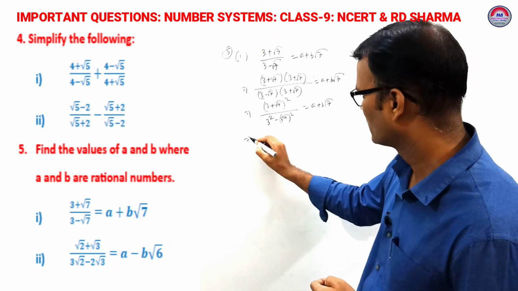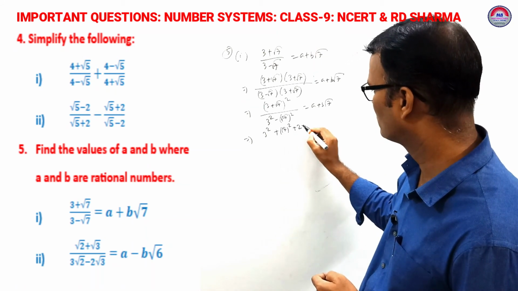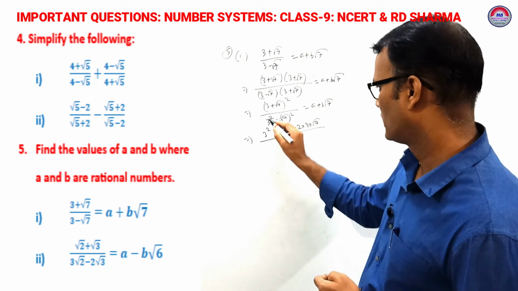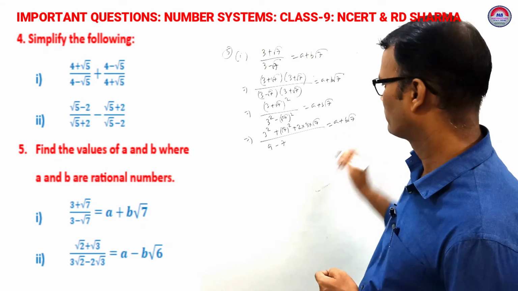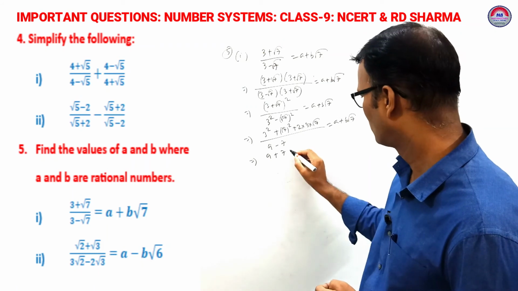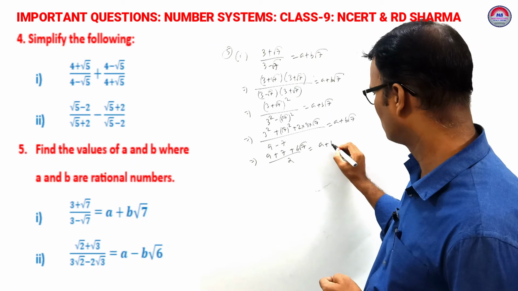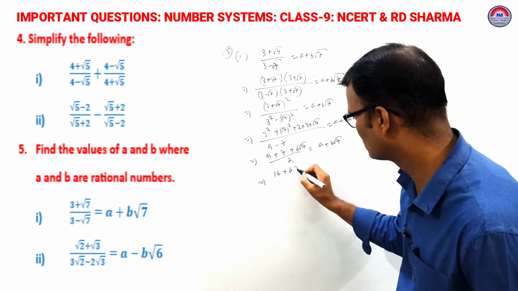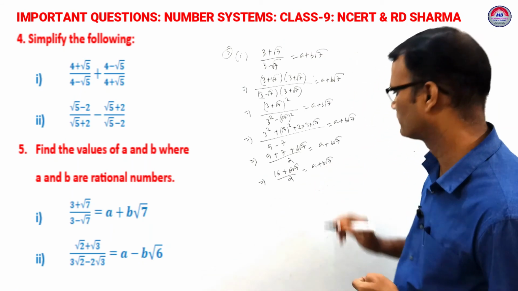Now you see a plus b whole square, a square plus b square plus 2ab, divided by a square minus b square, 9 minus 7, equal to a plus b root 7. Now 9 plus 7 plus 6 root 7 divided by 2 is equal to a plus b root 7. So 16 plus 6 root 7 divided by 2.